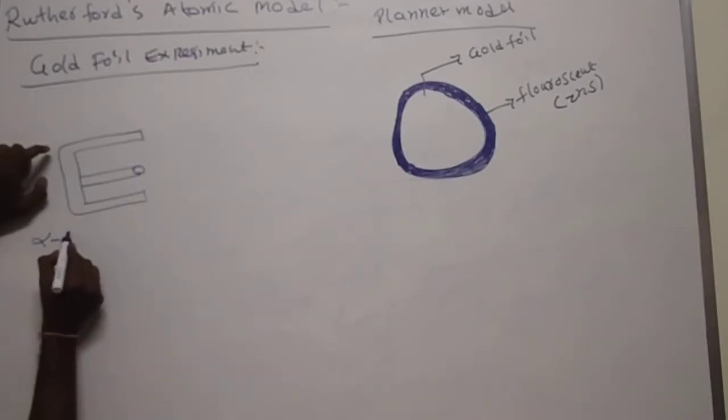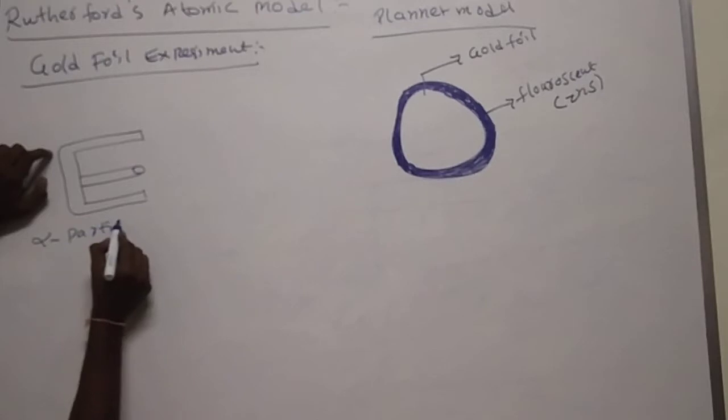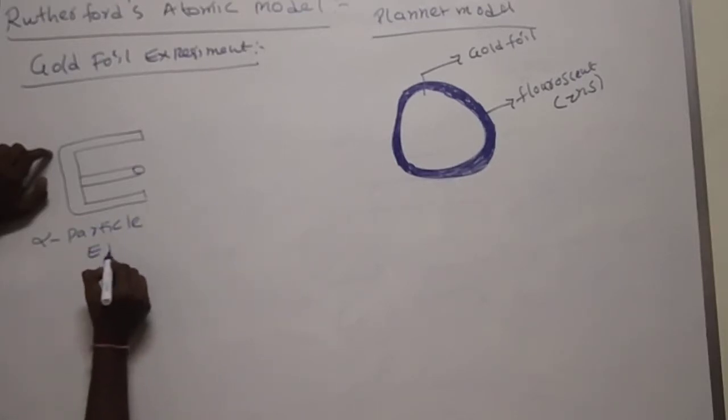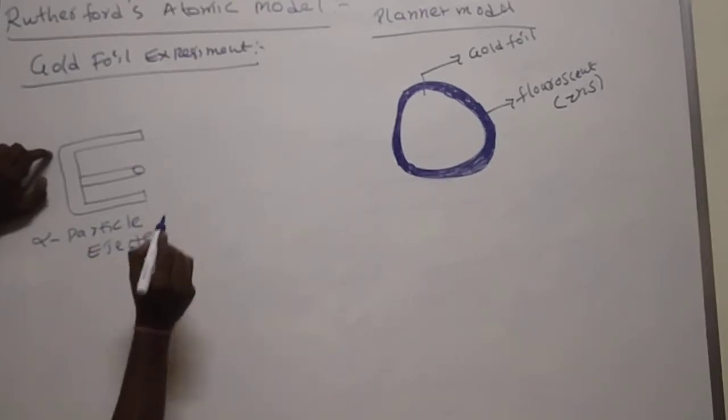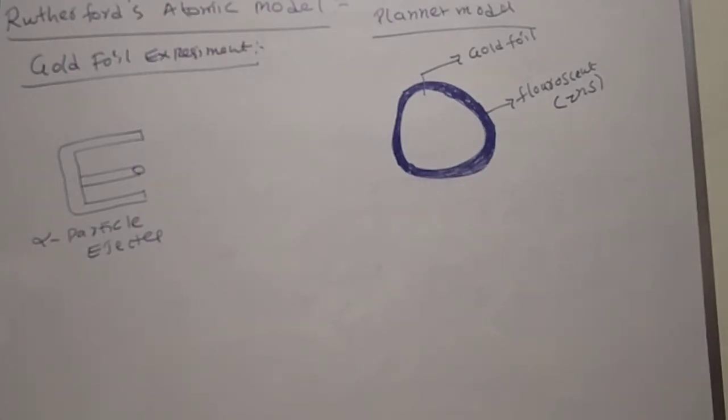That means here we are using what Rutherford used, alpha particles. By this experiment, he explained his model. This is the alpha particle ejector, that is the gold foil, and the fluorescent material.